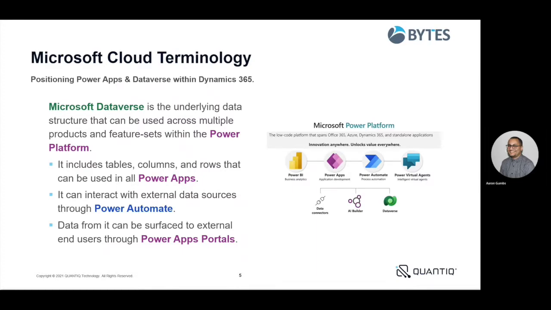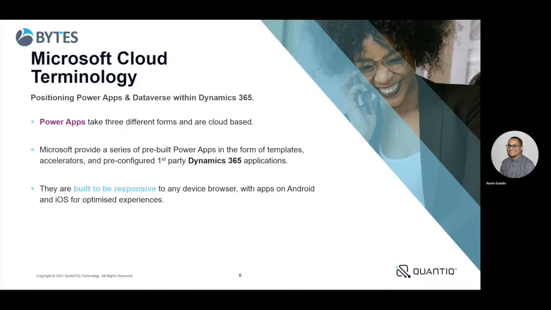We also have AI Builder that helps us repeat activities without any manual intervention from an end user. Today, we're specifically going to look at the second service in that diagram, but there'll be other sessions that will look more specifically at Power BI, Power Automate, and Power Virtual Agents.